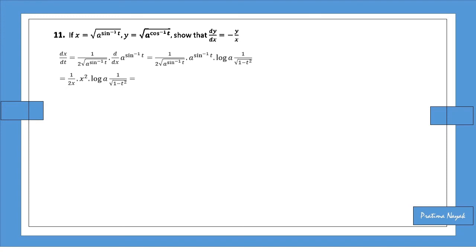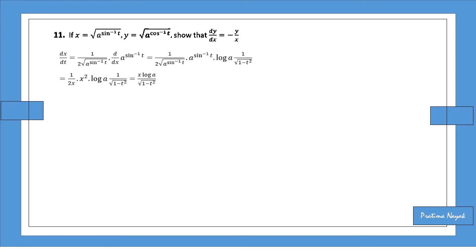So similarly, I will replace now a to the power sin inverse t as x square and under root a to the power sin inverse t as x. So it will be simplified. It will become x log a by under root 1 minus t square. You can pause the video, you can write stepwise so that you will understand better.